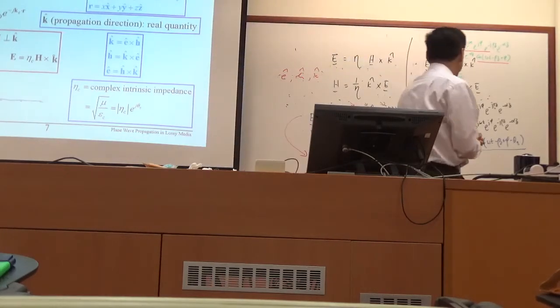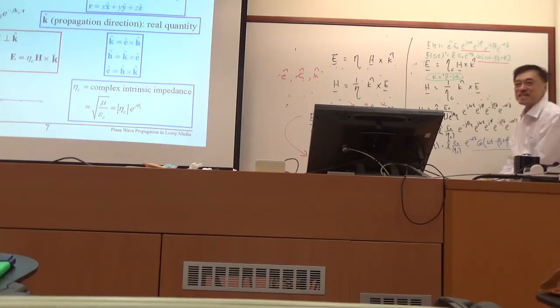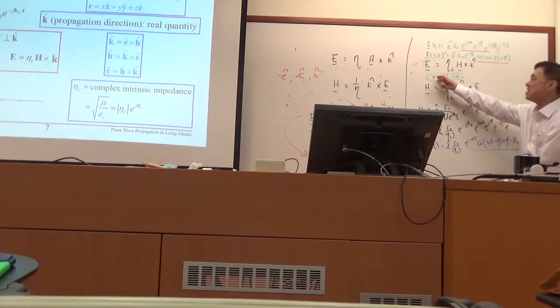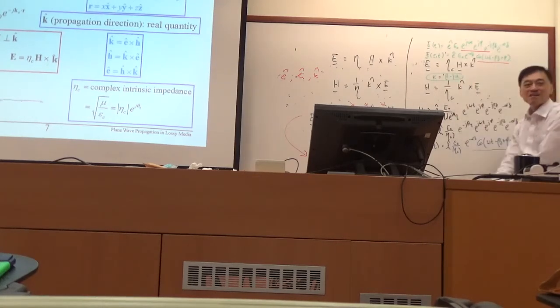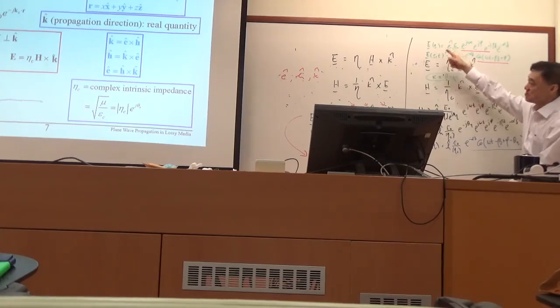Okay, now for the lossy case. Now my k is equal to beta minus j alpha. Remember? So my E goes from here to here.